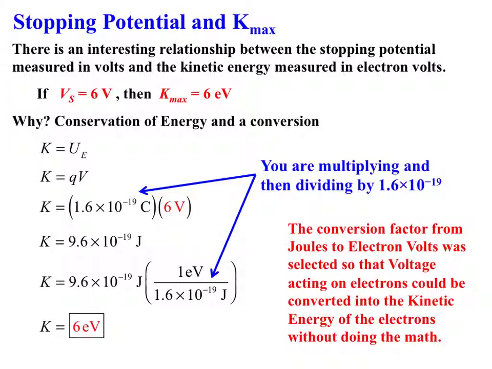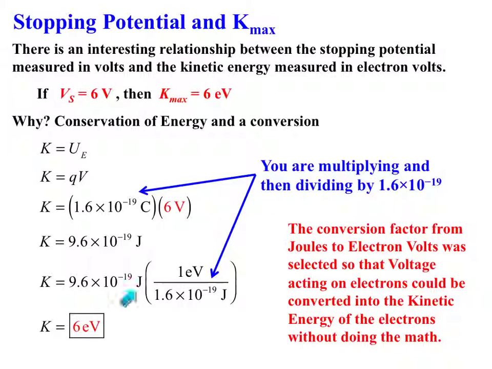Once this happens, there's an interesting relationship between the stopping potential, measured in volts, and the kinetic energy, measured in electron volts. So let's say that you have a stopping potential of 6 volts. Well, if our potential energy equals kinetic energy, and our potential is 6, our charge is 1.6 times 10 to the negative 19. Again, remember this equation from electrostatics. Then we can multiply those two values together, and we get joules.